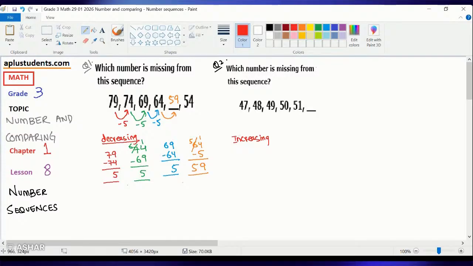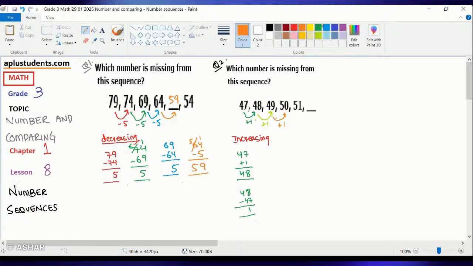So what we can say is 47 and 48, right? That means 47 plus 1 should be equal to 48, or 48 minus 47 should be equal to 1. That means each number is being increased by 1.